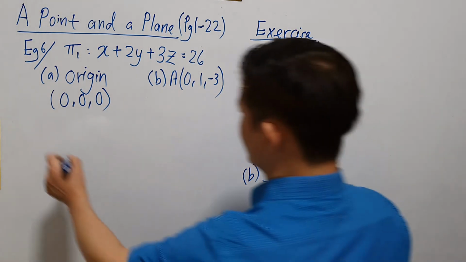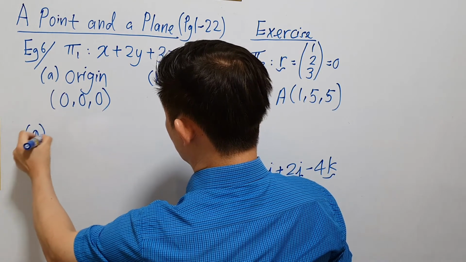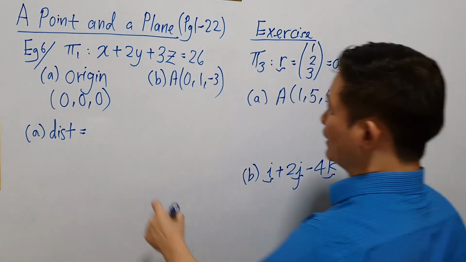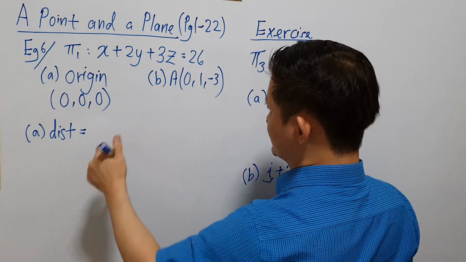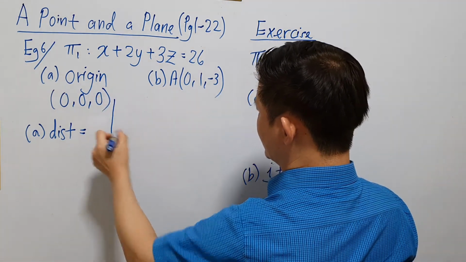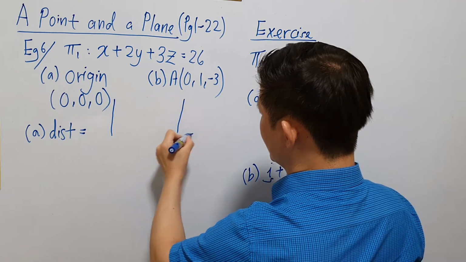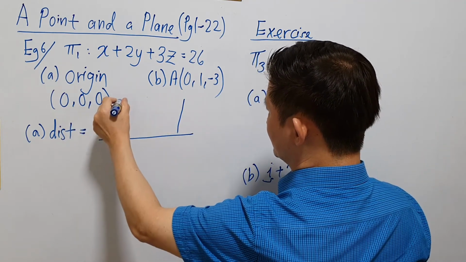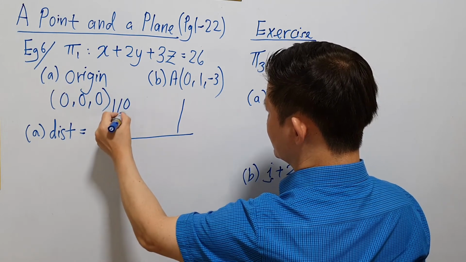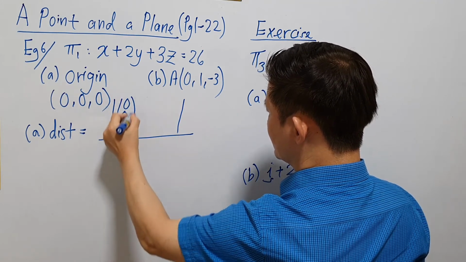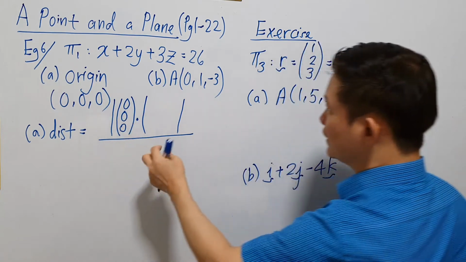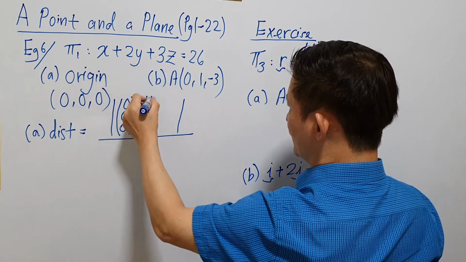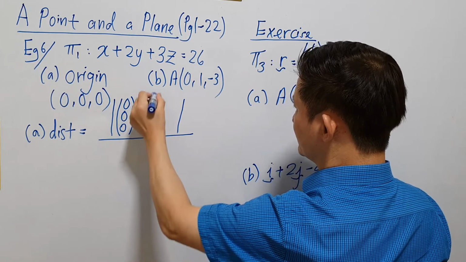It goes this way, part A. To find the distance, this is how we apply it. First, you have a modulus and take this point 0, 0, 0, dot with the normal vector of this plane, which is 1, 2, 3.